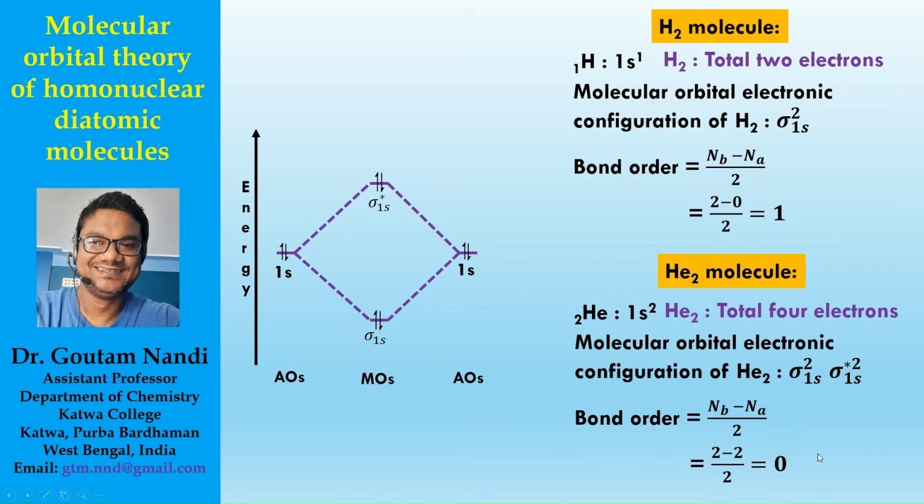This indicates that helium will exist as a monoatomic gas and it will not form a diatomic molecule. And this is obvious because we know that the noble gases exist as monoatomic gases and they do not form diatomic molecules.